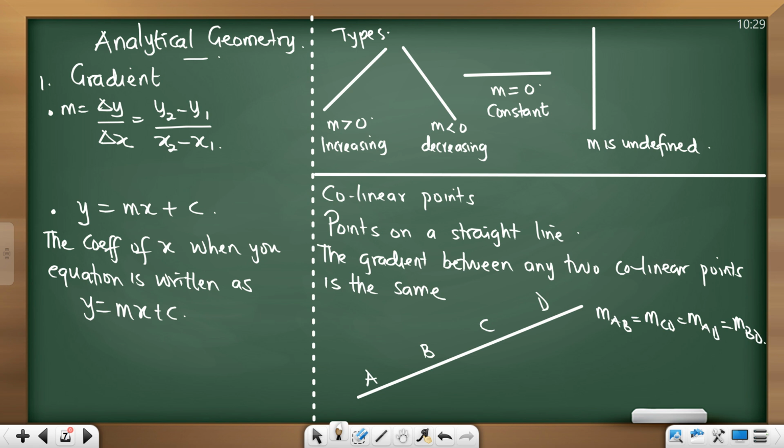Across the whole session. Collinear points. What else do we need to remember? Midpoint.